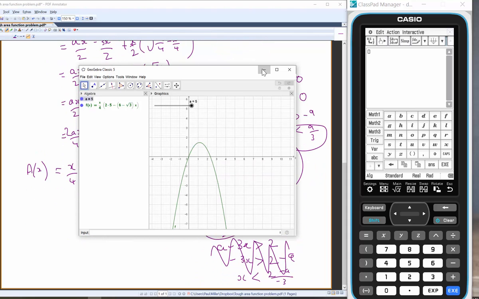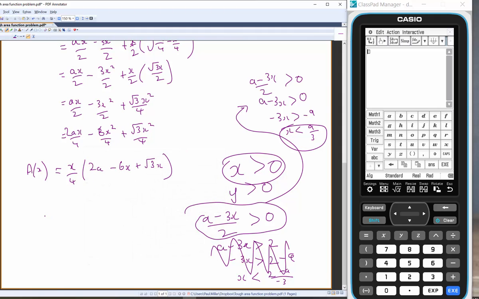So let's work out what the midpoint is. So it's going to be 0 plus whatever the other x-intercept is. Now, what's the other x-intercept? It's going to be this one here. So x is equal to 0, or 2a take 6x plus root 3x is equal to 0, which is going to be negative 6x plus root 3x equals negative 2a.